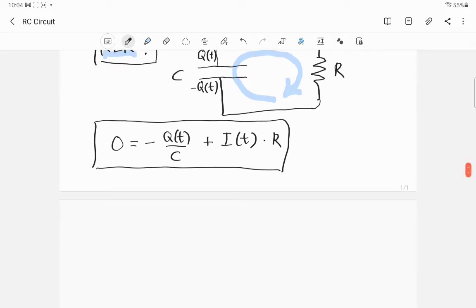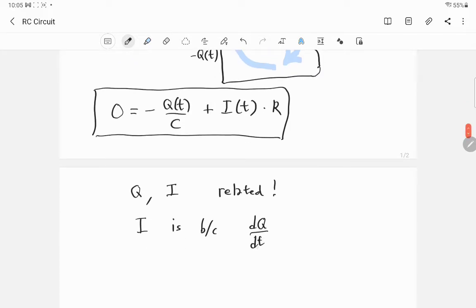But there's another thing. So Q and I are related, but they're not related algebraically. They're actually related in a calculus sense. You get current only because the charge is changing in time.